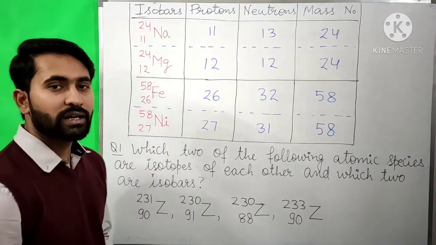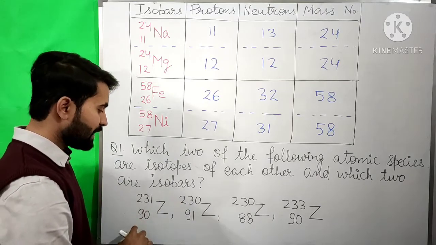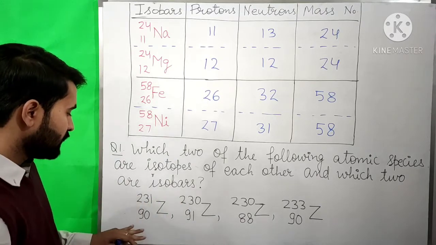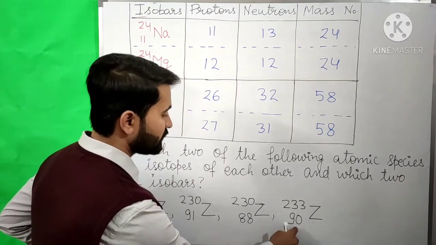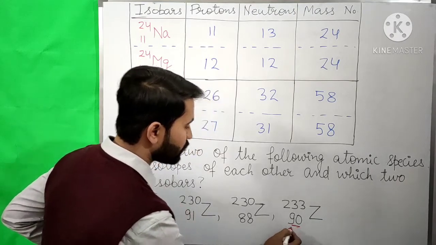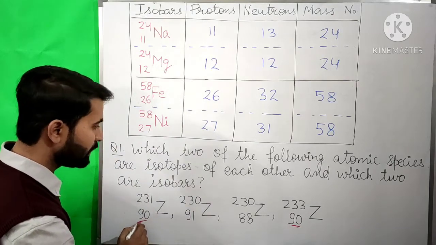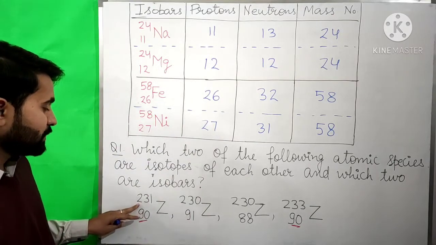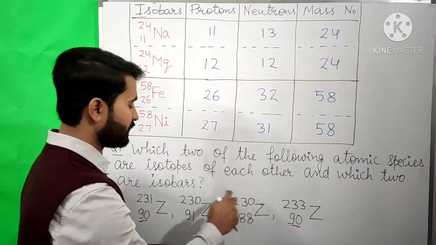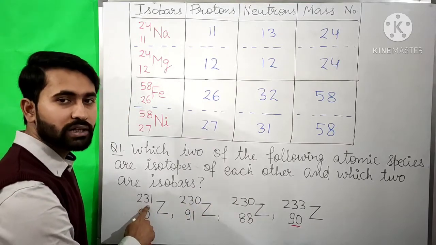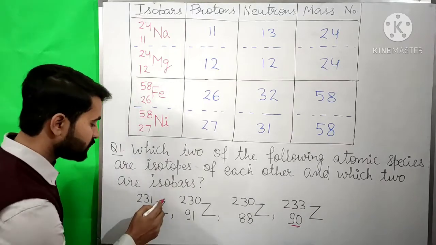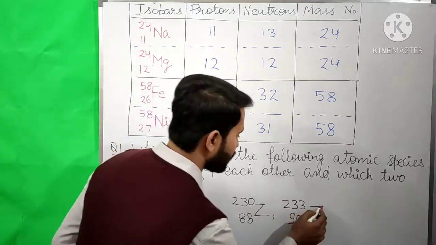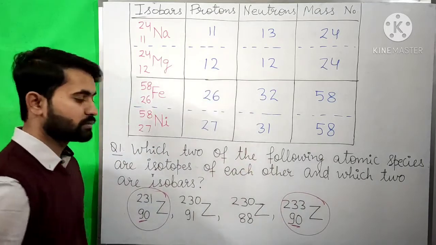So we will look first of all for the atomic number. Now this first one and the fourth one have the same atomic number and their mass numbers are different. Its mass number is 231 and its mass number is 233. So this is a pair of isotopes.